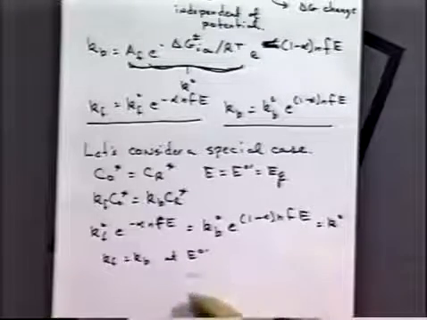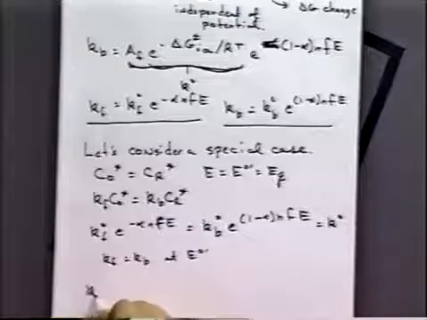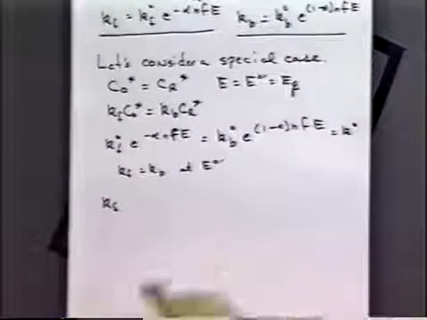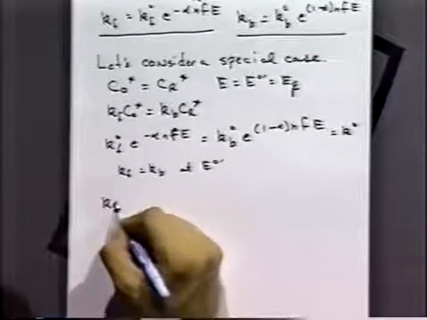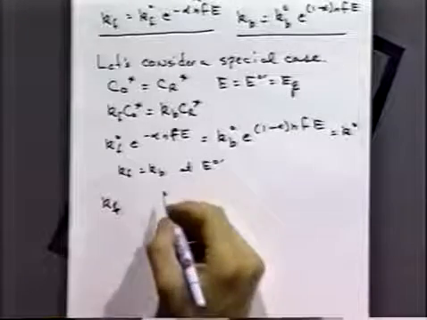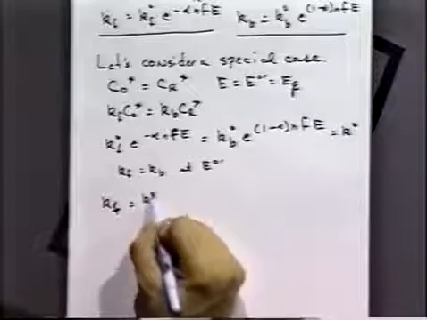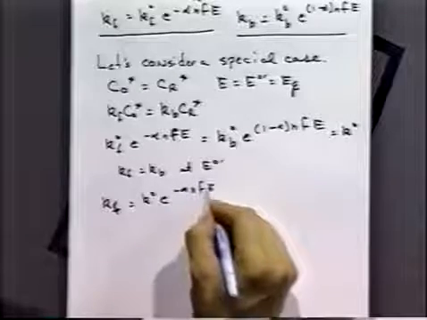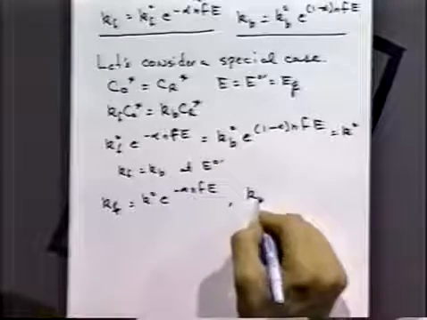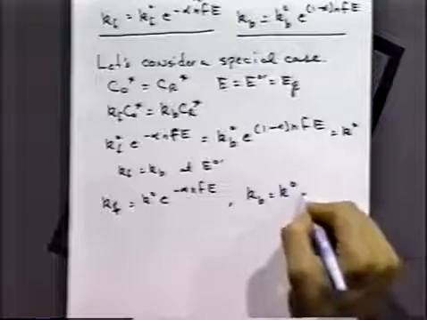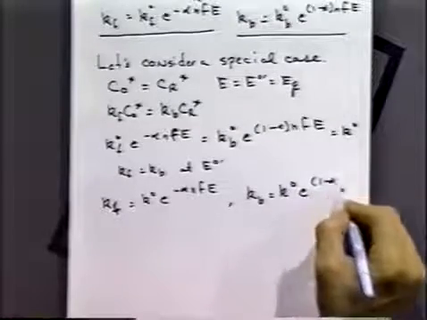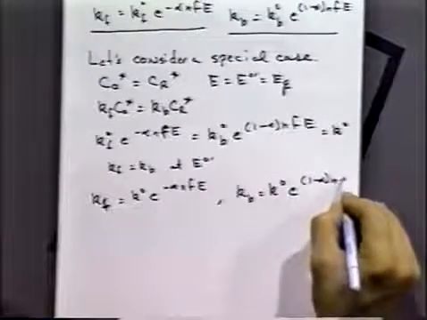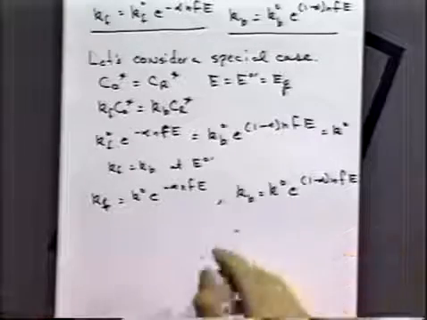Okay. So then we can rewrite our equations again, now including our new information about K0. So Kf is now equal to K0 e to the minus alpha NFE. K sub b is equal to K0 e to the 1 minus alpha NFE.